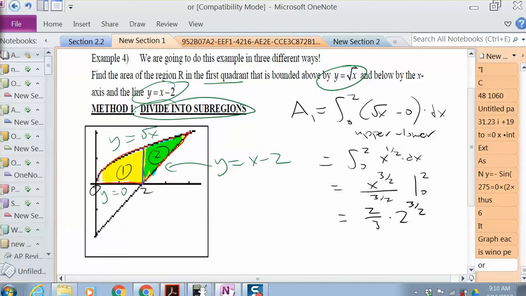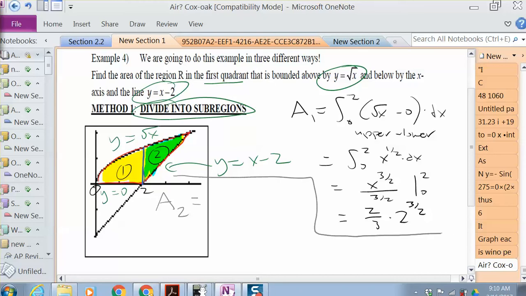We'll hold on to that because we're going to add it to the second region, right? Now for the second region, A2, we're integrating from what to what? Yeah, you can see it's from 2 to 4.